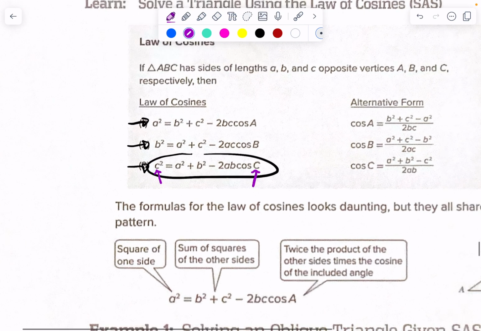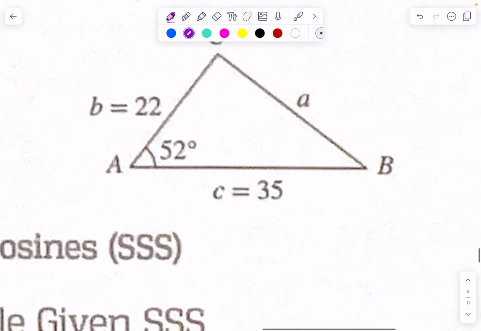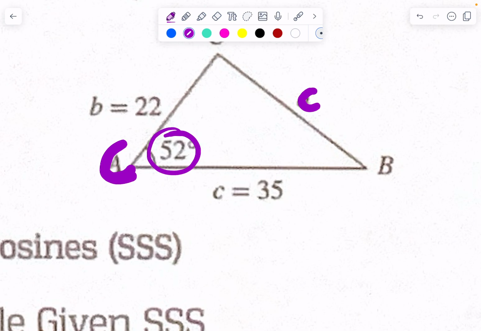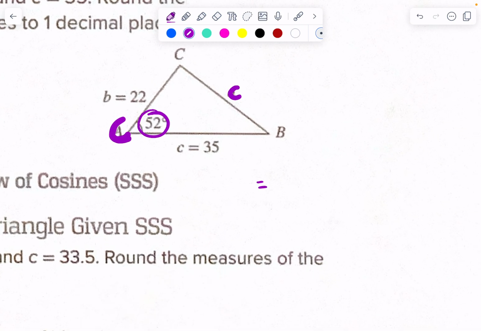So in this diagram, this is my angle. This has to be capital C. This would then be lowercase c. So in the equation, it would go little c here, capital C, 52 here. So I have cosine of that number. And then I fill in 35 and 22 here.